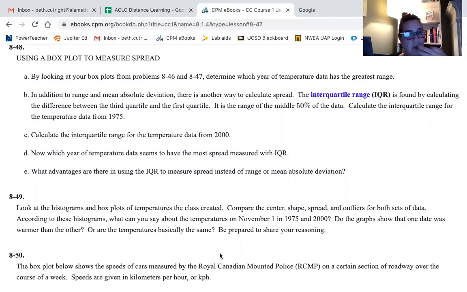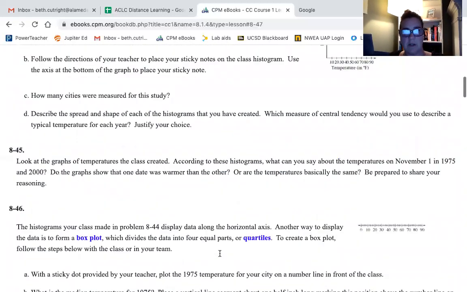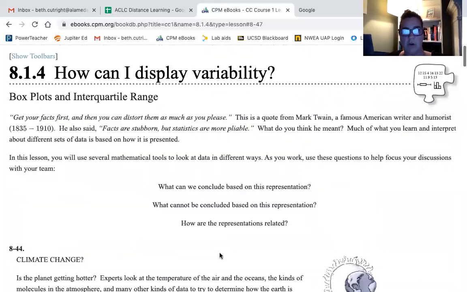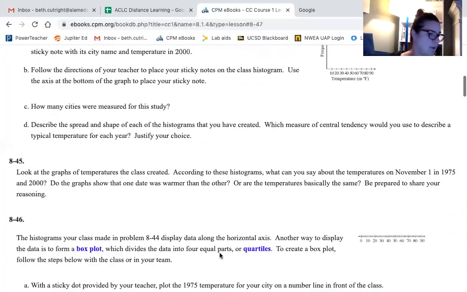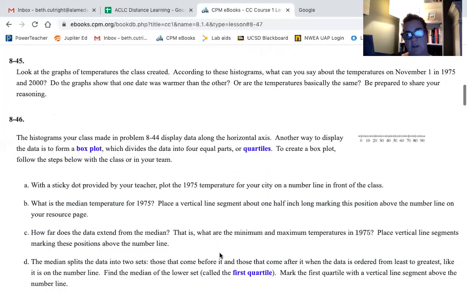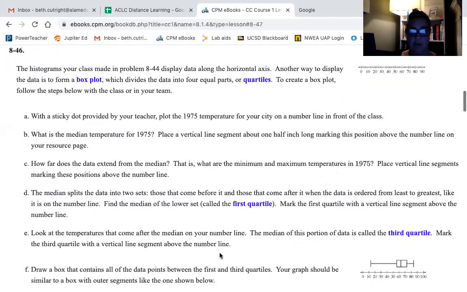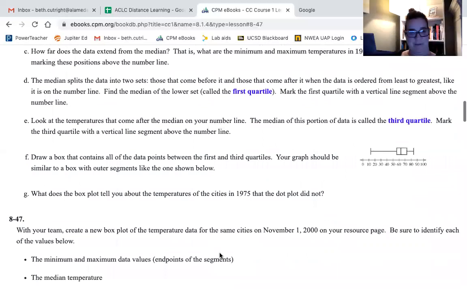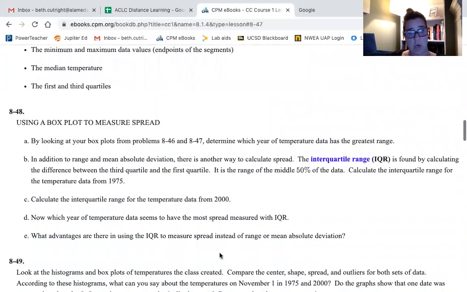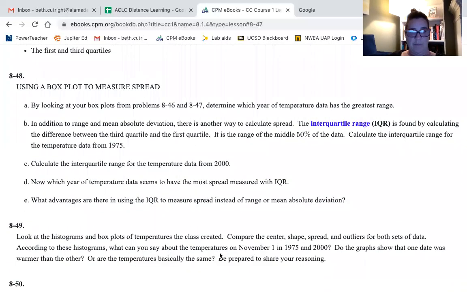According to these histograms, what can you say about the temperatures? We didn't have histograms anywhere, did we? What the book showed you? No. I wonder if I have the histograms in my notes. No, I do not. Okay, so I guess you're going to have to do your best on that. Maybe you can find that in the previous video. Bummer.